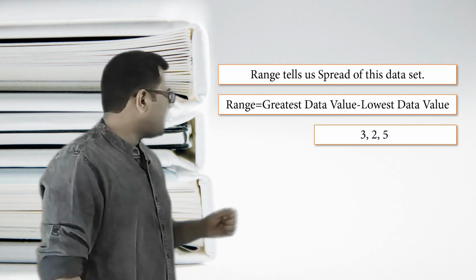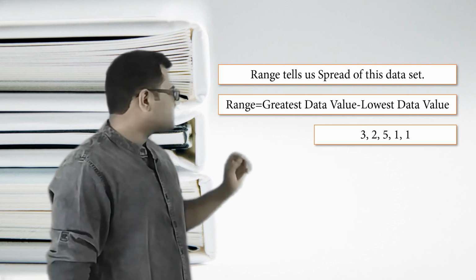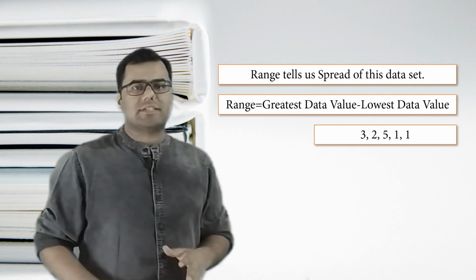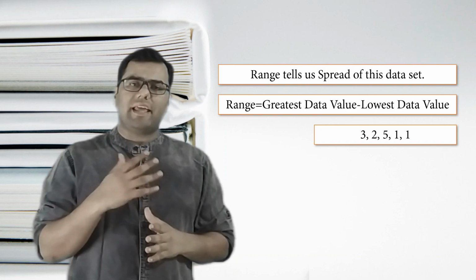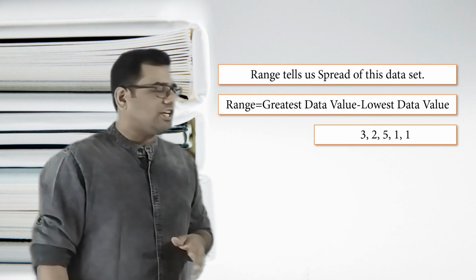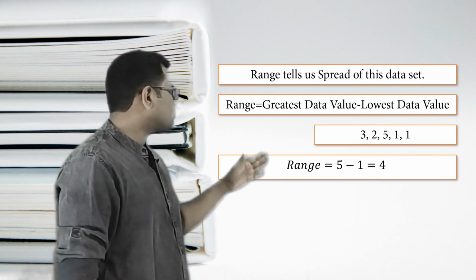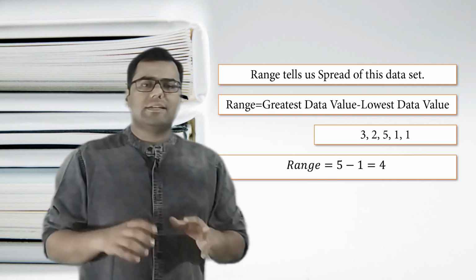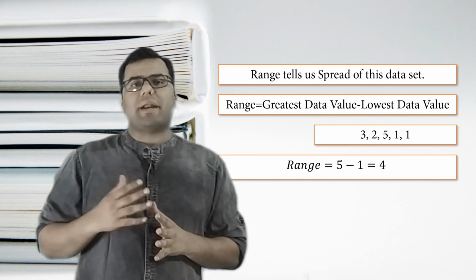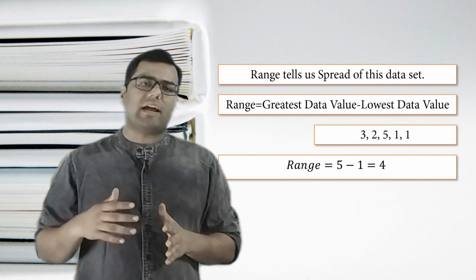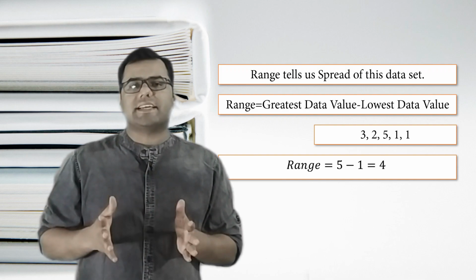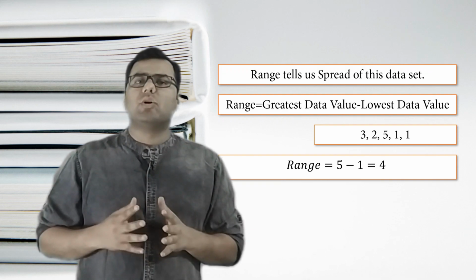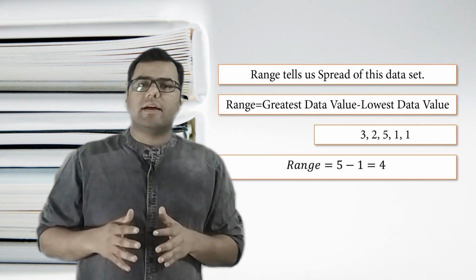In this particular example, 5 is the highest data value and 1 is the lowest data value. So the range, that is the spread, shall be 5 minus 1 equals 4. So you see that the range tells us the spread, and this range is in fact another special tool of statistics that helps us to know how data is moving.